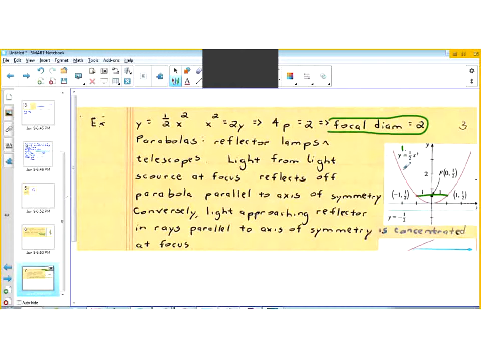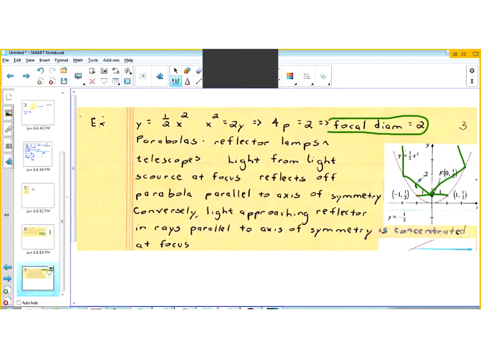So if you've got starlight coming in, it hits the walls of the reflecting parabola, bounces off, and hits the focus. Depending on the calibration of the focus, you can detect faint light-emitting sources by concentrating the light from those sources at the focus.